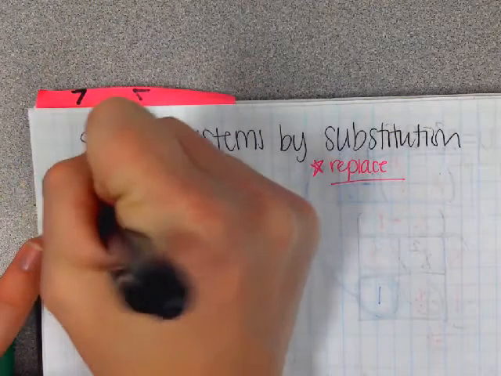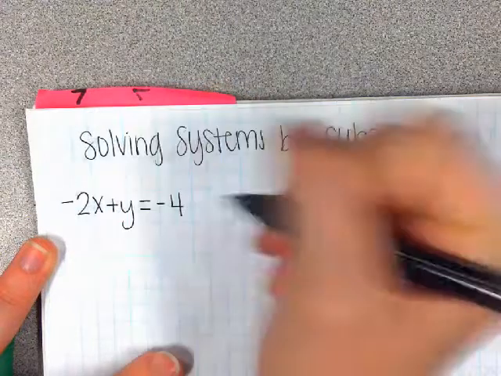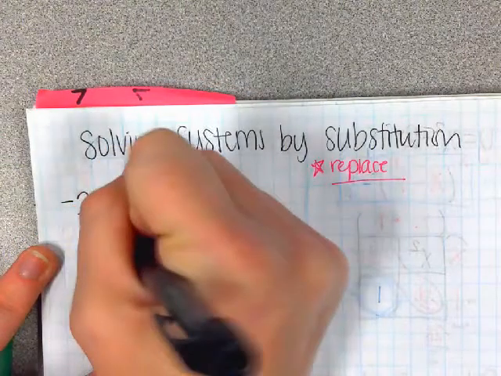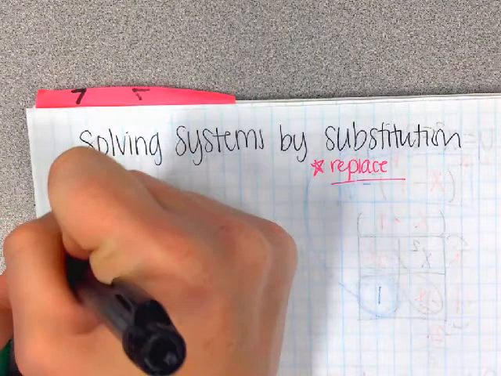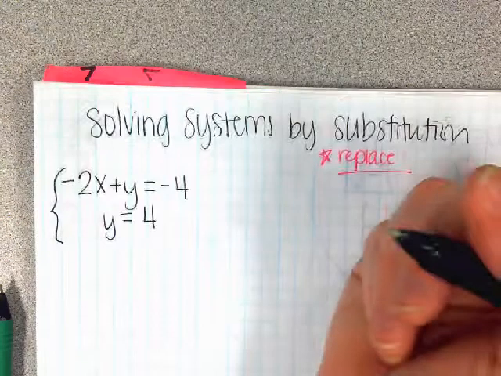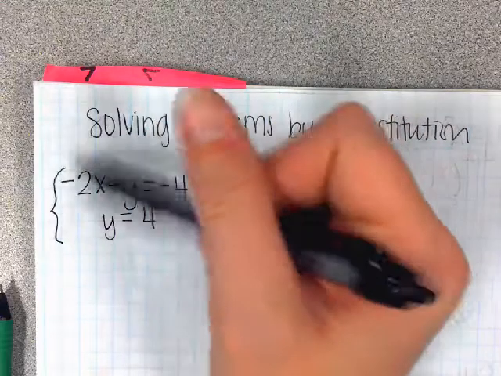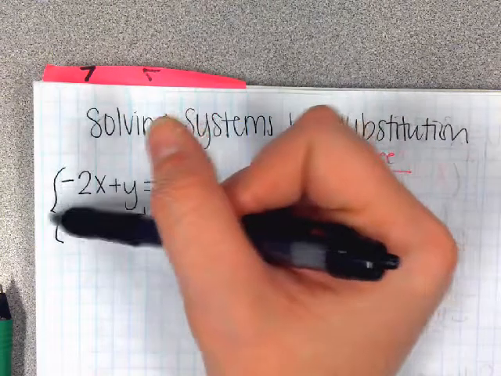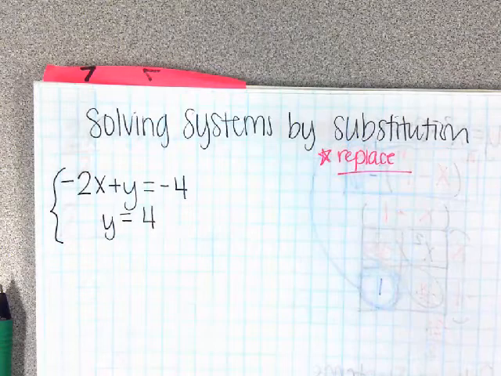So if I gave you the equation negative 2x plus y equals negative 4 and y equals 4, you will see that symbol. That symbol just means both of them are together. They're not two separate equations. Sometimes you'll see it, sometimes they'll just say that it's a system.